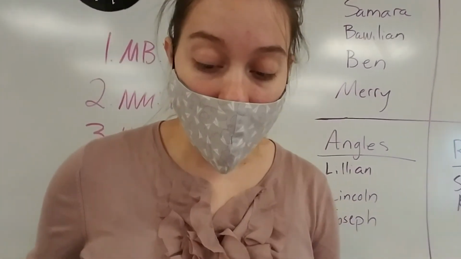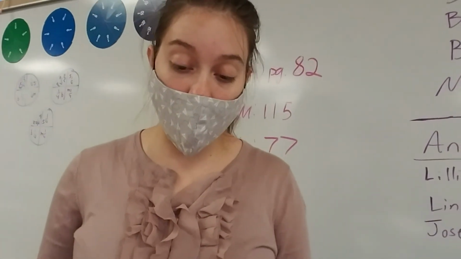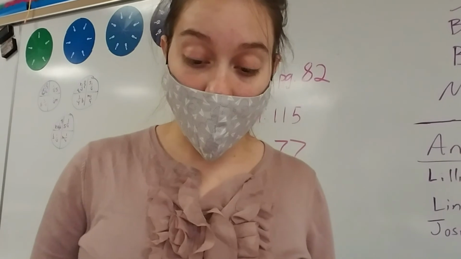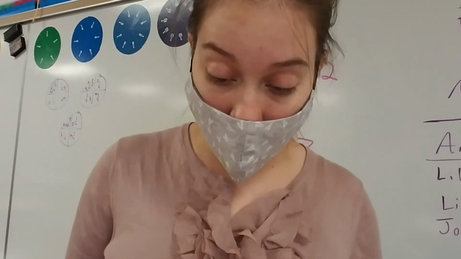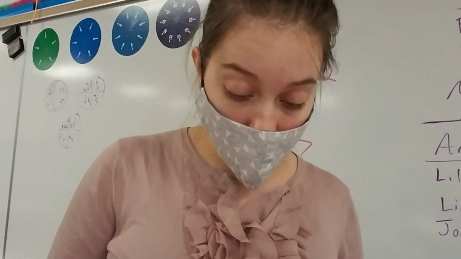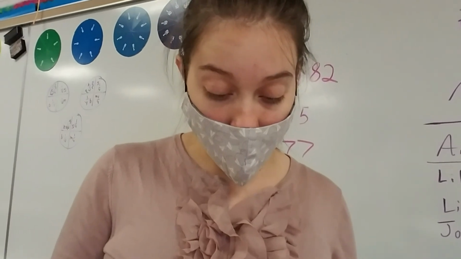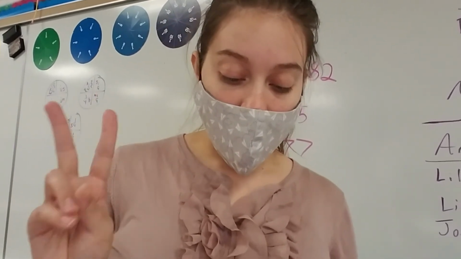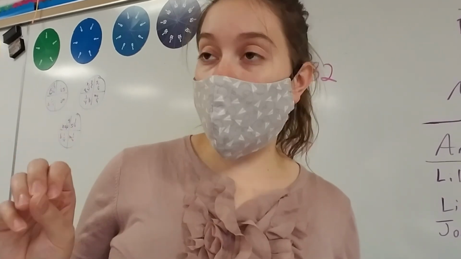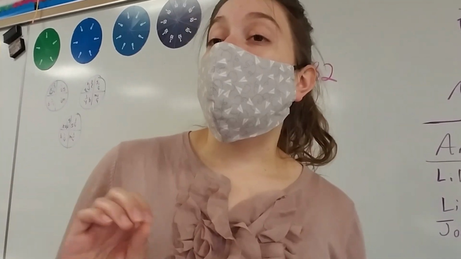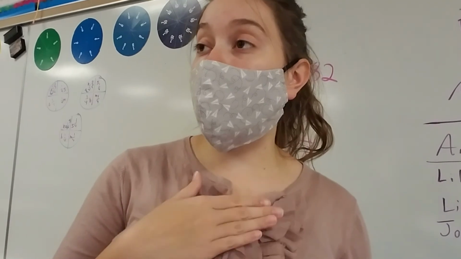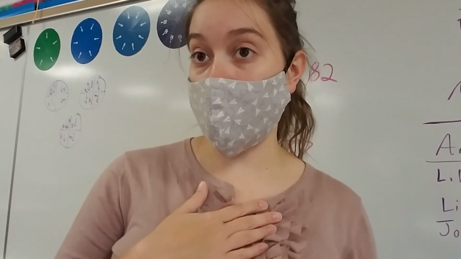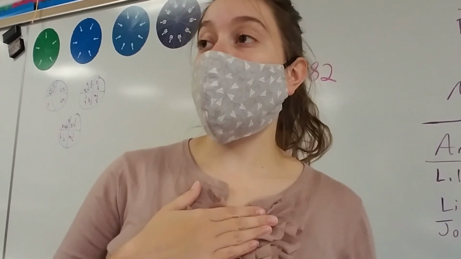Then for number 2, you need to circle the shapes that have at least 1 pair of parallel sides. And then it wants you to solve number 3 by estimating, doing a number model, and solving. We did that in my station group last week. Remember? Do you guys remember that?